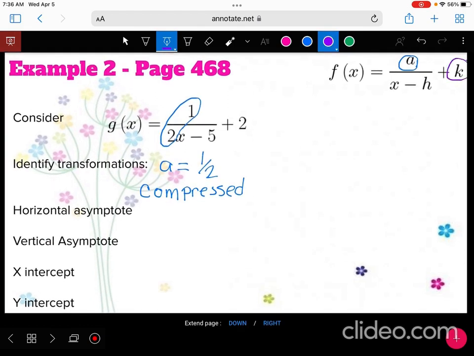Our k is easy to spot. What's our k value here? 2. K is 2. Which means what happens? What does k tell us transformations-wise? Which direction does k move us? Up, down, left, or right?